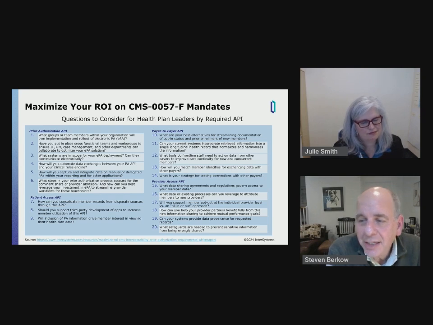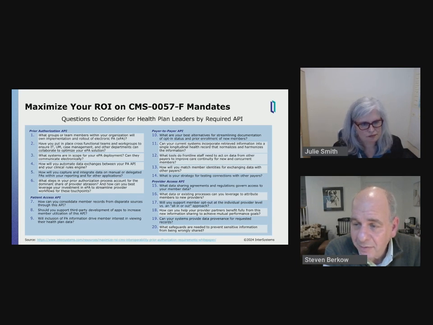But at the end of the day, 0057 is basically saying, plan, you need to support a FHIR API. And this goes back to what I'm talking about. To populate that API, the plan is going to have to translate a lot of information from other systems into that FHIR API. And I think if the government was on the line, they would say, we're not trying to curb your creativity on that.